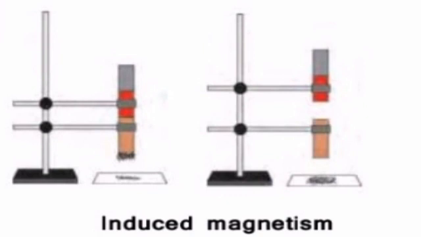That is, the magnetism in the bar vanishes. So, a magnetic material acquires magnetism when placed near a magnet. This magnetism is called induced magnetism.